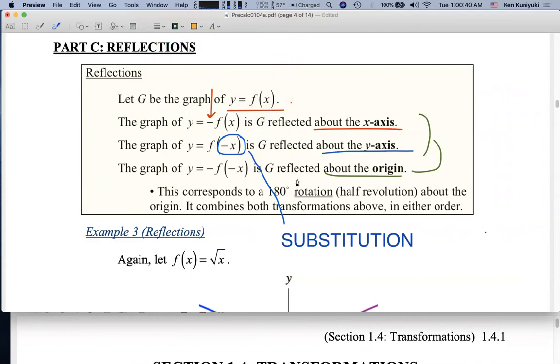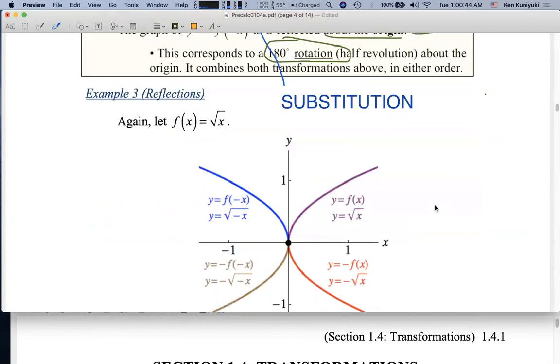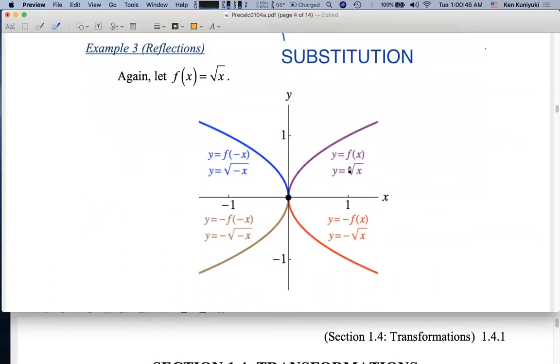And that corresponds to a 180-degree rotation about the origin. So from the original purple graph for y equals root x here, you can get these various other graphs from reflections about the x-axis, the y-axis, and the origin. And these principles apply, of course, not just to the square root function, but to other functions as well.